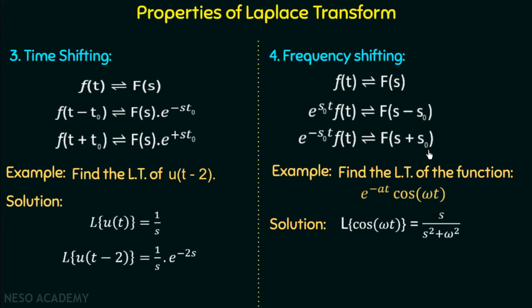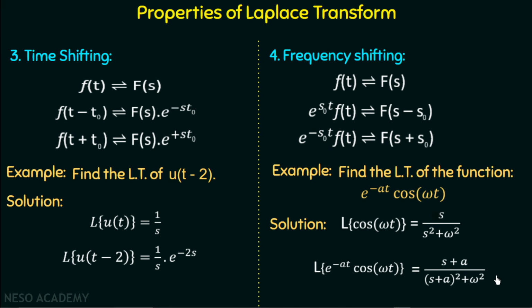And in this case, s naught is equal to a. So we need to replace s with s plus a. So we will have Laplace transform of e to the power minus at cos omega t is equal to s plus a over (s plus a) whole square plus omega square.